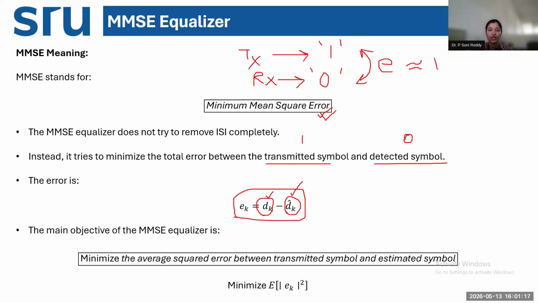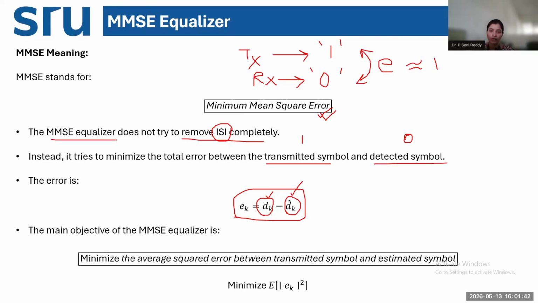Okay. Now my objective of the MMSE equalizer, or minimum mean square error equalizer, is not just to overcome this ISI. Every equalizer wants to overcome ISI, but zero forcing is only focusing on removal of ISI. The MMSE equalizer is one step ahead of the zero forcing equalizer.